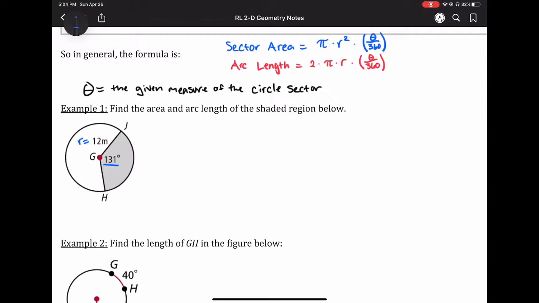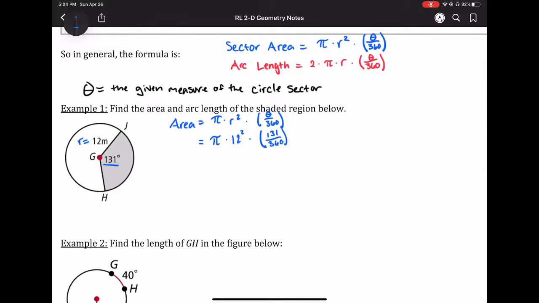So if I remember from the formula that I created above, I have area is equal to pi times the radius squared times the total number of degrees out of 360. So in this example, I have pi times 12 as my radius, so I have 12 squared, times 131 degrees out of 360 degrees.